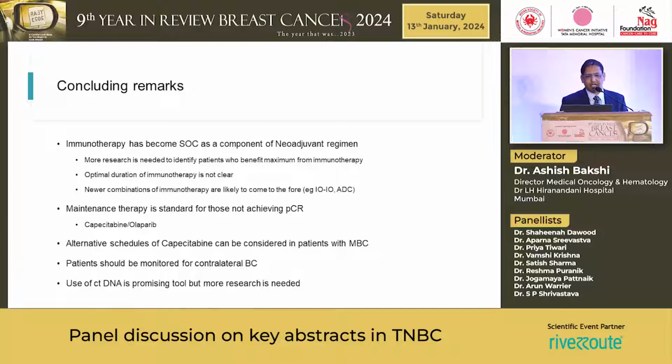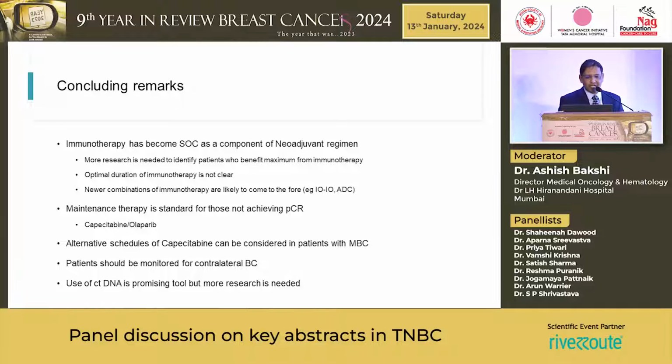Immunotherapy has become a standard of care. Optimal duration of immunotherapy is not clear. How many cycles you give post pathologic CR, whether one should give or not, and for how long, all those questions are not clear. Newer combinations of immunotherapy with other immunotherapy drugs or antibody drug conjugates are currently being studied, so we'll have to wait for more answers.